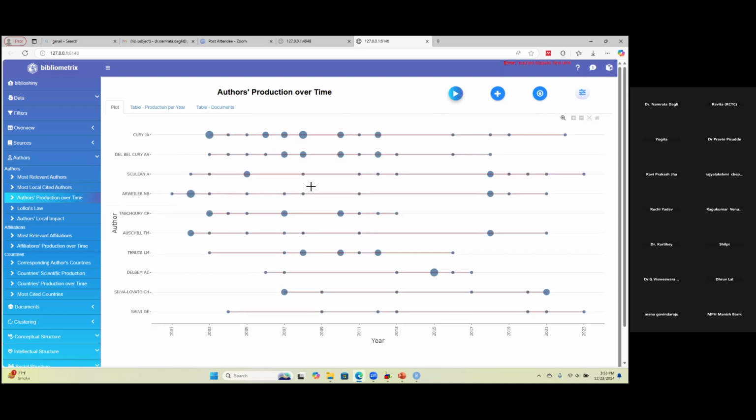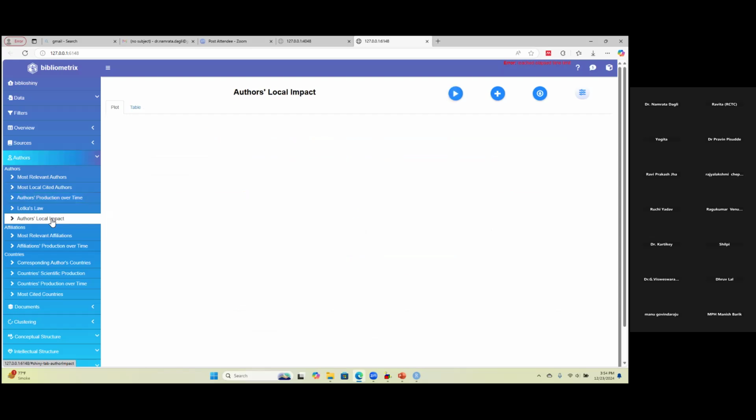This is author's production over time. Here, the nodes are related to the number of articles. This is a PubMed file, so it will not show citation details.